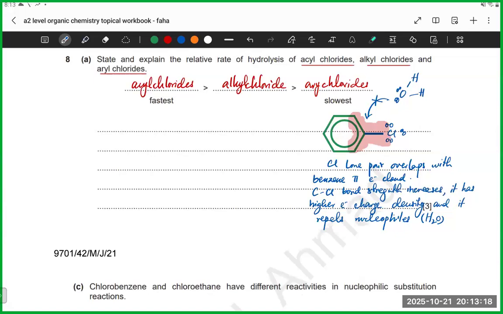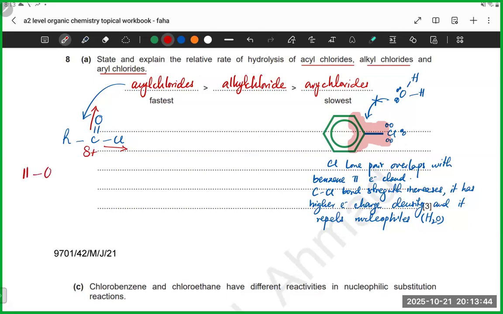And vice versa, you can talk about the other one, which is acyl chloride. Why do they have strong hydrolysis? Maybe it's the double bond O and Cl. So the carbon is bonded to two highly electronegative atoms, which is why the carbon has a very strong positive charge.